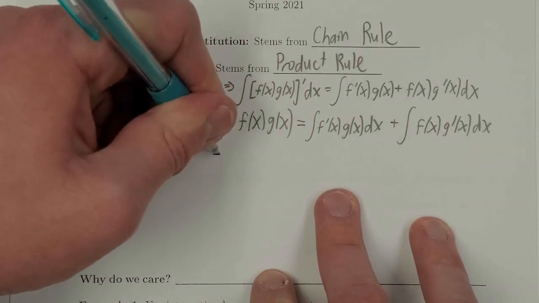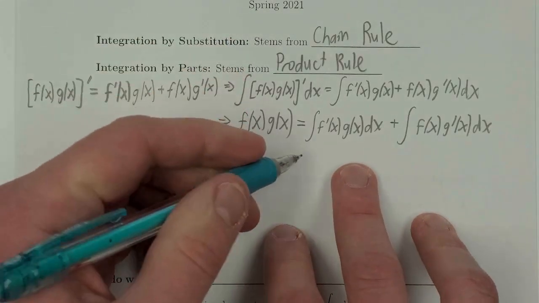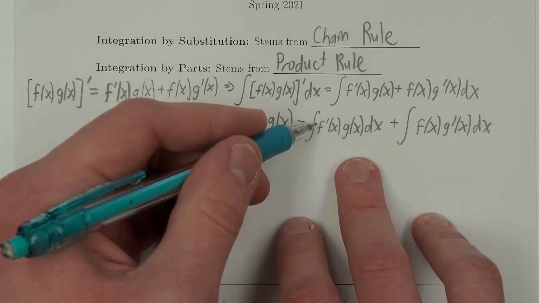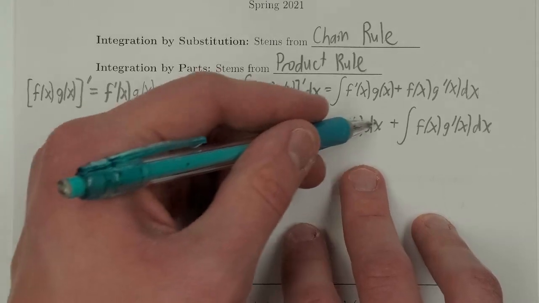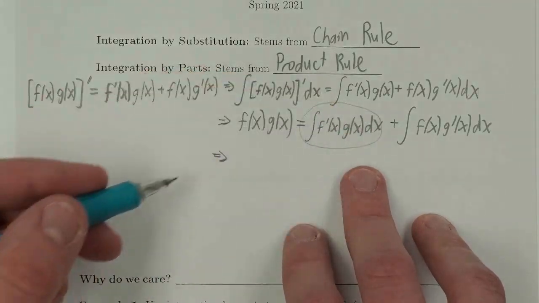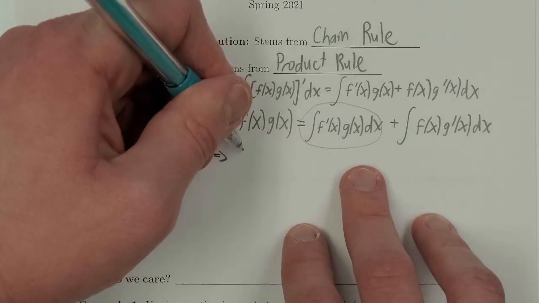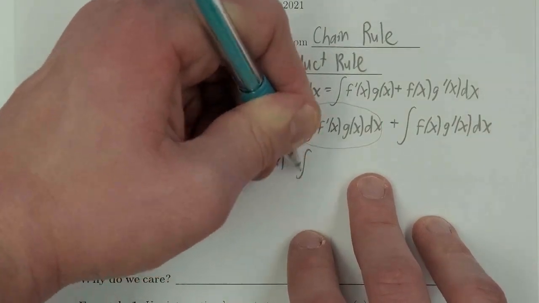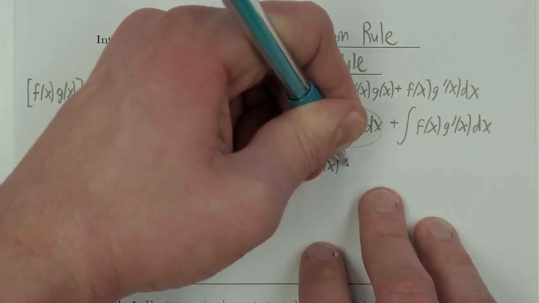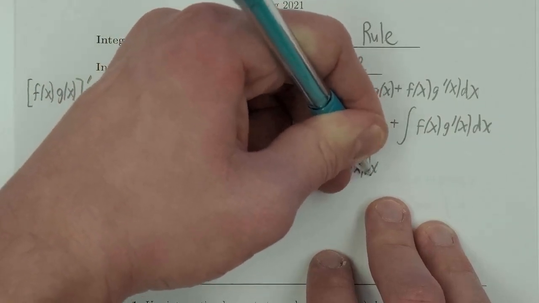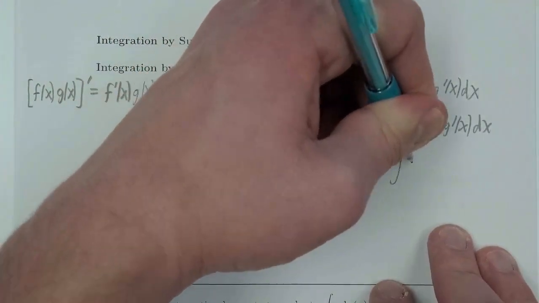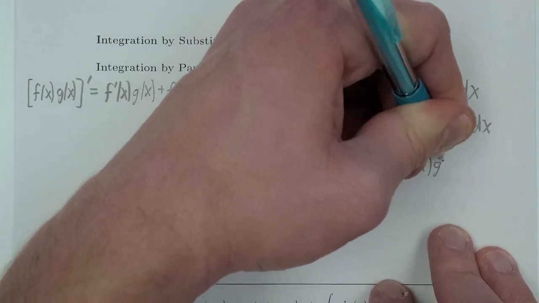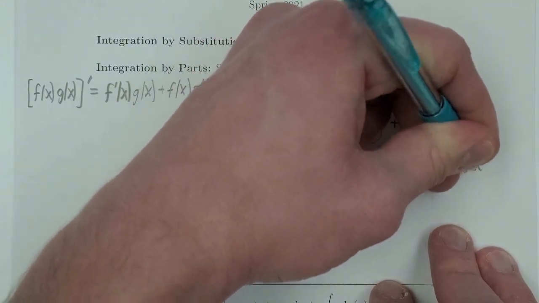I'm just going to subtract this integral over to the other side. So this becomes f of x times g of x minus the integral of f prime times g of x dx, and all this equals the integral of f of x times g prime of x dx.